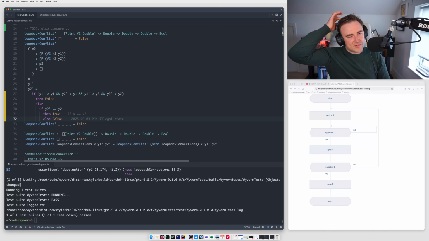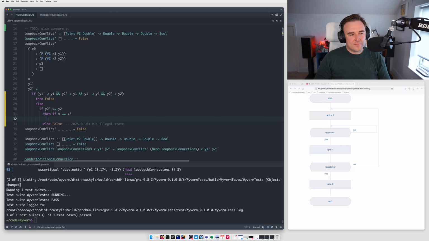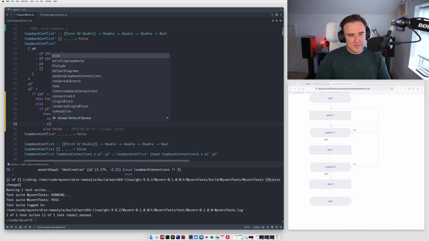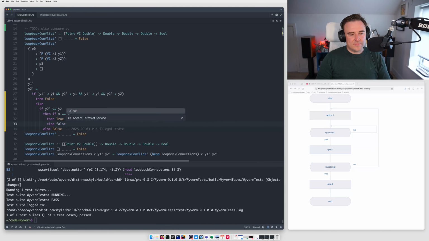And we should create an issue to represent a legal state. So here, if x equals x2, then it is a clash, or collision, or conflict, else false.